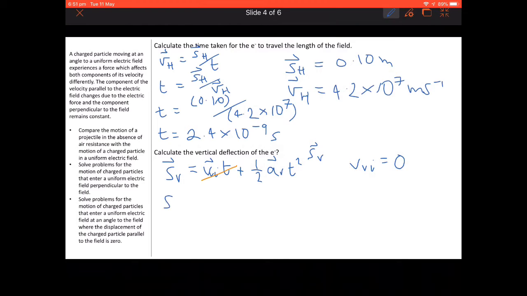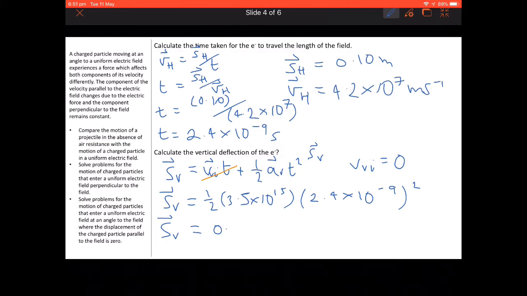So vertical deflection is going to be half 3.5 by 10 to the 15, and then square of the time, which is 2.4 by 10 to the negative 9 squared. And then if you pop all of that in a calculator, you'll end up with 0.01 meters.